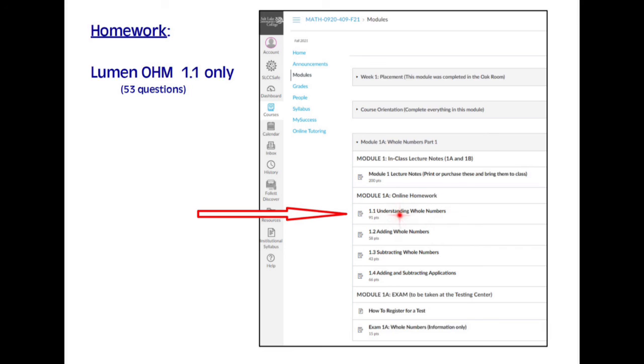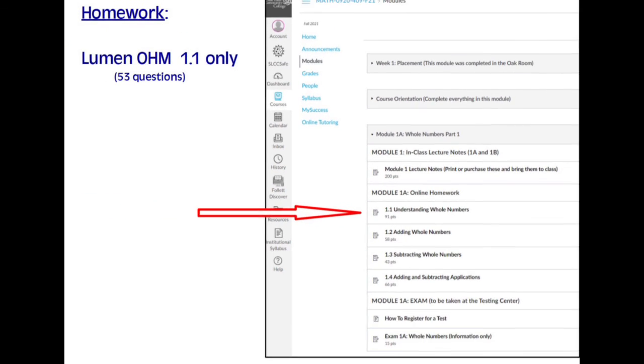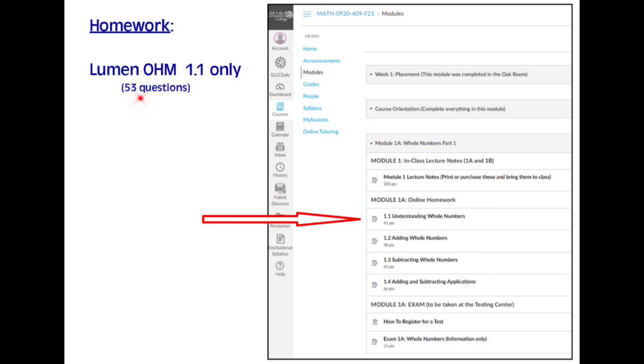You click on this and it will open up your Lumens homework and you can do all of the problems. If you notice, there are a lot. There are 91 points. That doesn't mean there are 91 problems. There are 53 problems, and some of them have multiple answers.